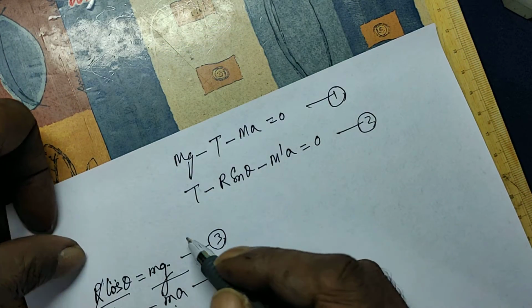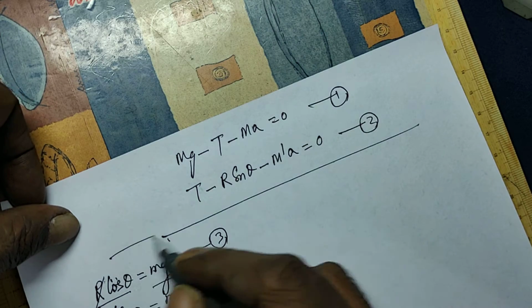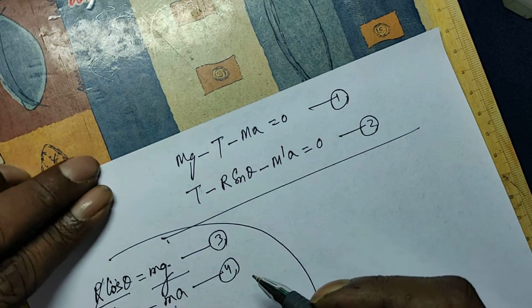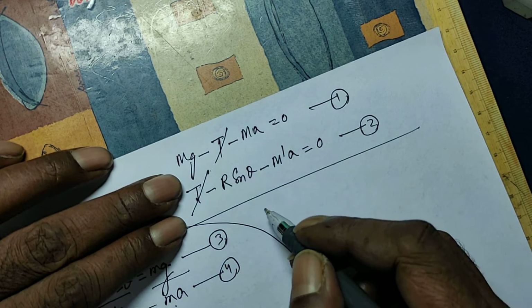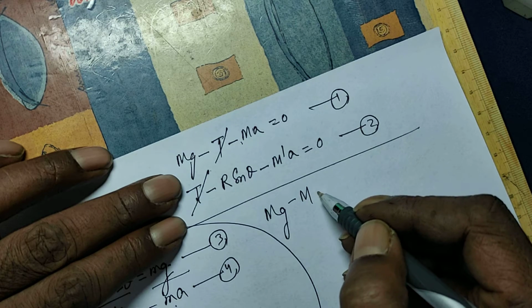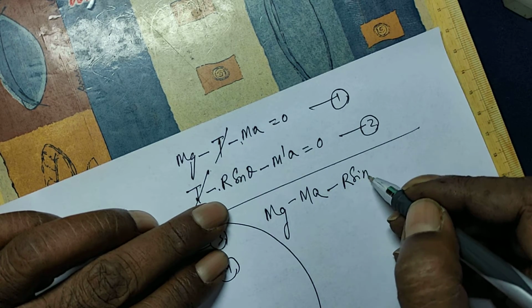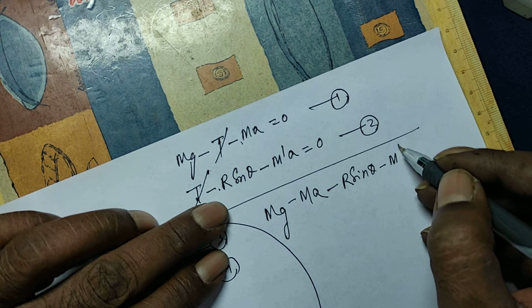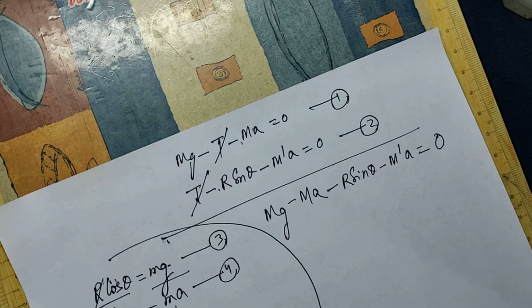Now here, if you add these two equations, minus T plus T cancels. So mg minus ma minus of R sin theta minus m dash a. 0 plus 0 is 0.